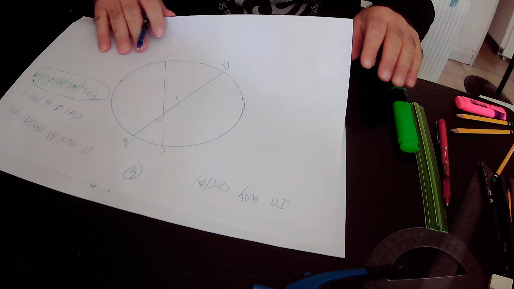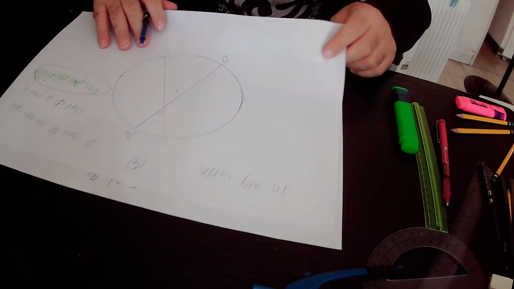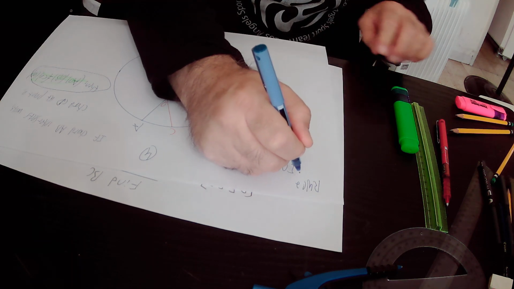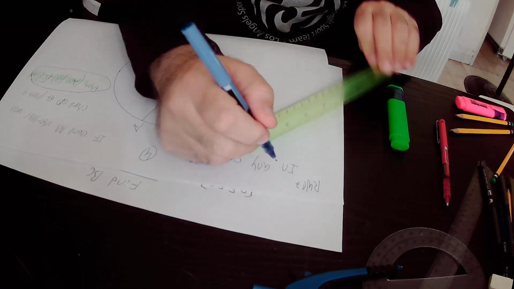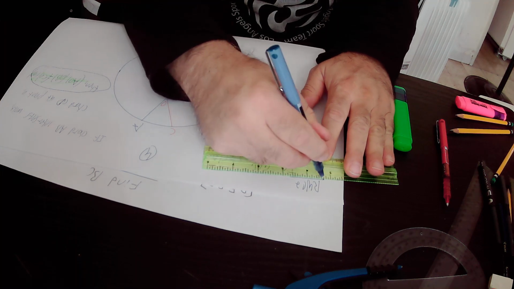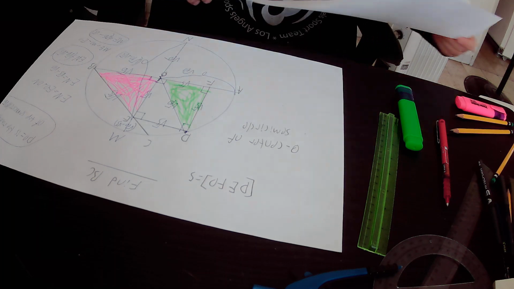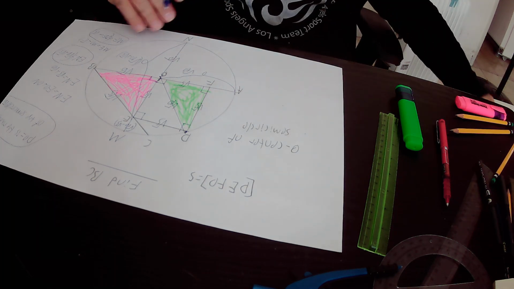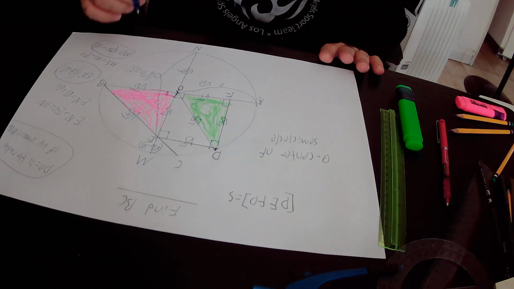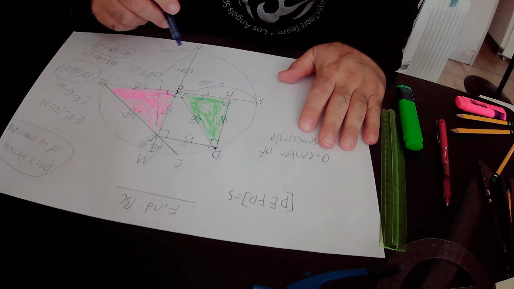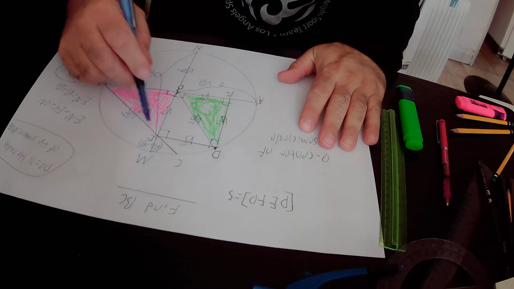Actually, we can implement this rule number 2 in our drawing. Why? Because in our drawing we have chord MN. This is chord MN. That intersects with chord CB.